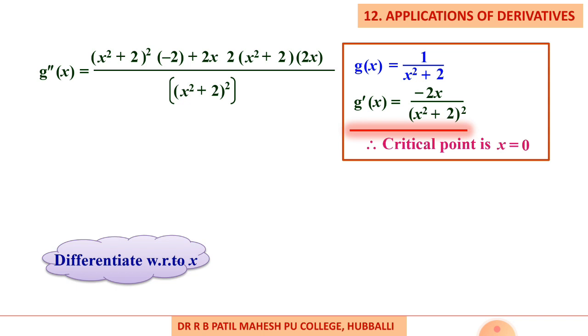Here the formula for u by v is v into u dash minus u into v dash, divided by v square. By using that formula we get this term.